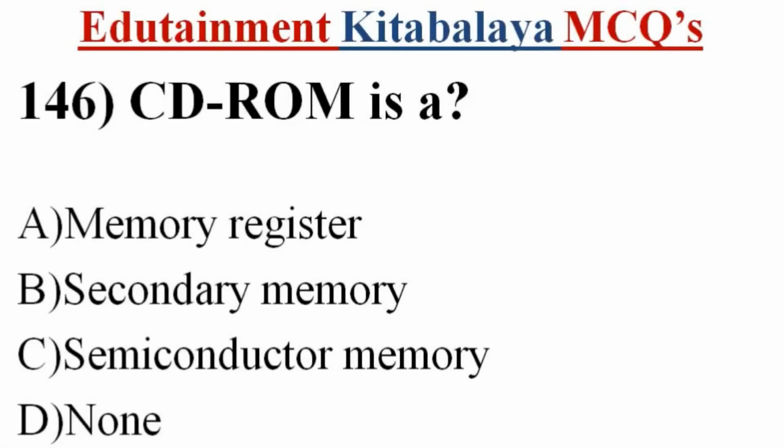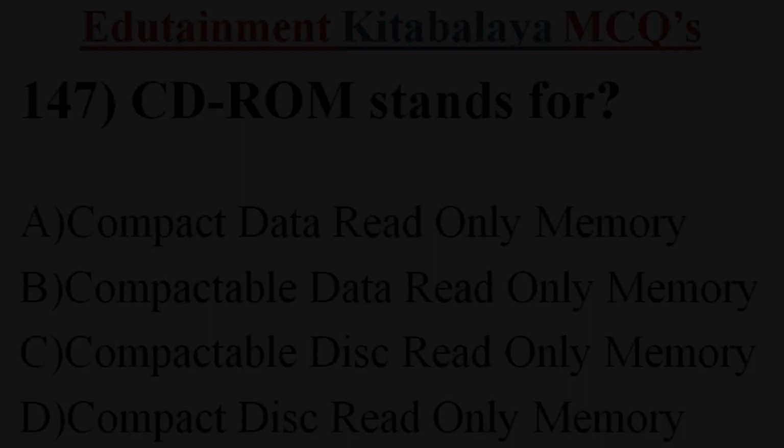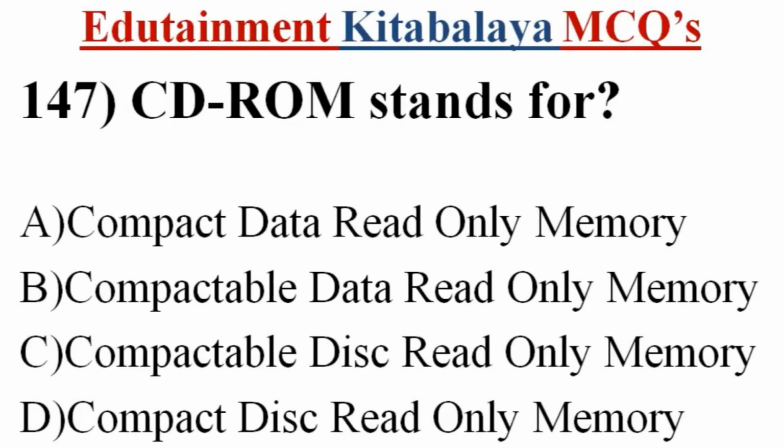Question number 146. CD-ROM is A. Memory register. B. Secondary memory. C. Semiconductor memory. D. None. Correct answer is B. Secondary memory. Question number 147. CD-ROM stands for A. Compact data read-only memory. B. Compactable data read-only memory. C. Compactable disk read-only memory.